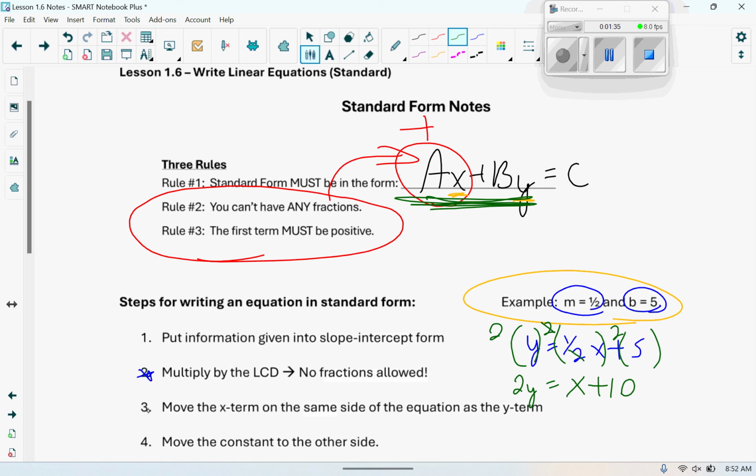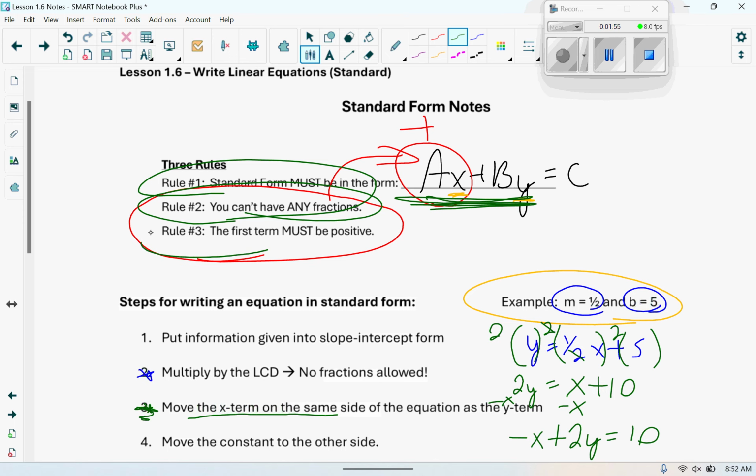Then in this step, I'm moving the x term to the same side as the y term. So I have negative x plus 2y is equal to 10. Let's look up here at the rules. Rule number 2, you can't have any fractions. Rule number 1, we already put it in that form. But rule number 3, the first term must be positive.